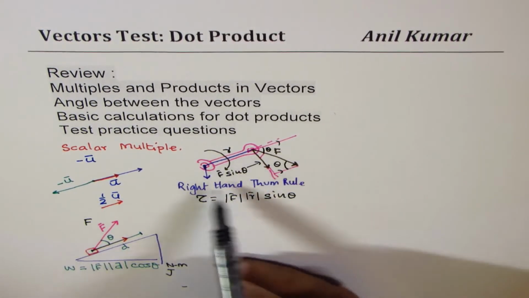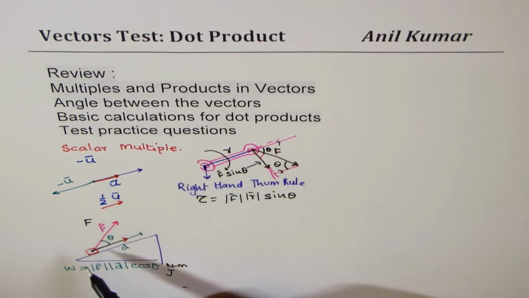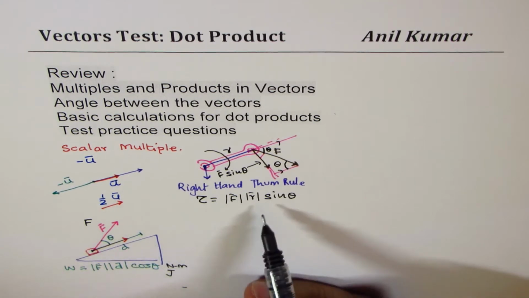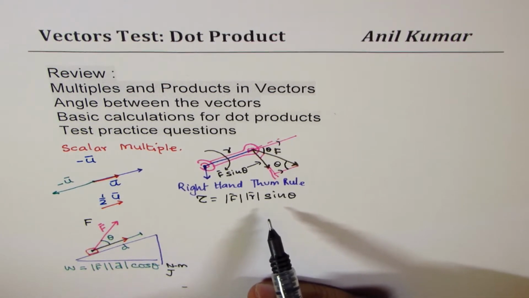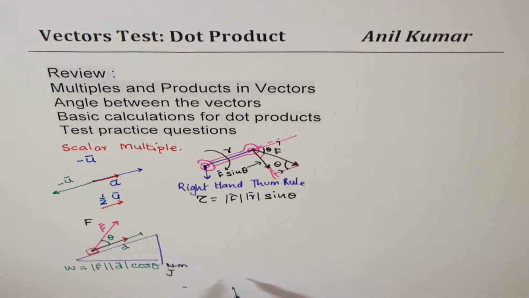How do you explain that in vectors? Now these two seemingly similar things, force being applied for a distance or at a distance, but with very interesting different results, gave rise to two kinds of products in vectors.